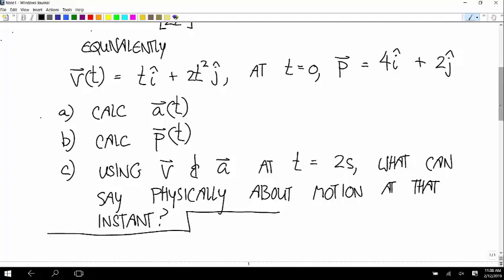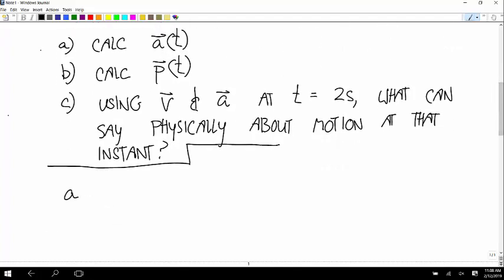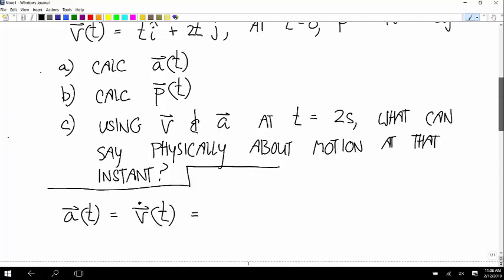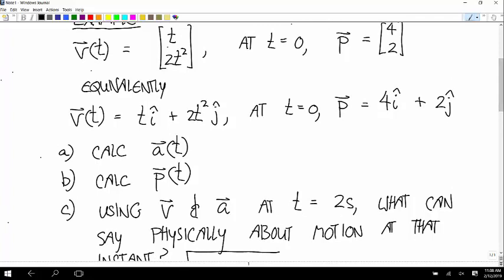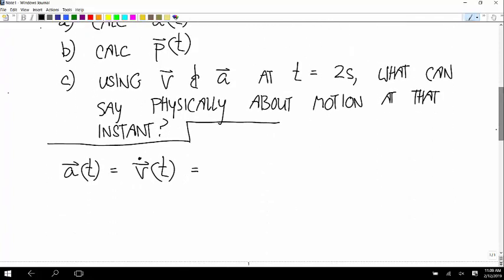All right. Well, the acceleration is just the time derivative of the velocity. And the way you take a derivative of a vector is you just take the derivatives of the individual components. So if the velocity is (t, 2t squared), then the acceleration is the time derivative of t for the x component, and the time derivative of 2t squared for the y component.